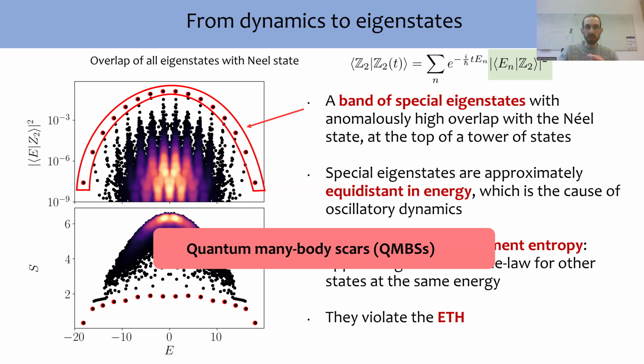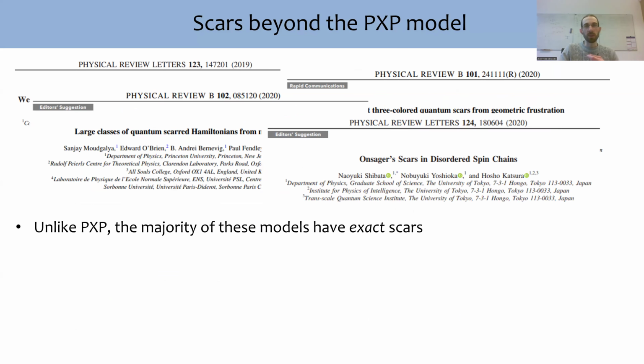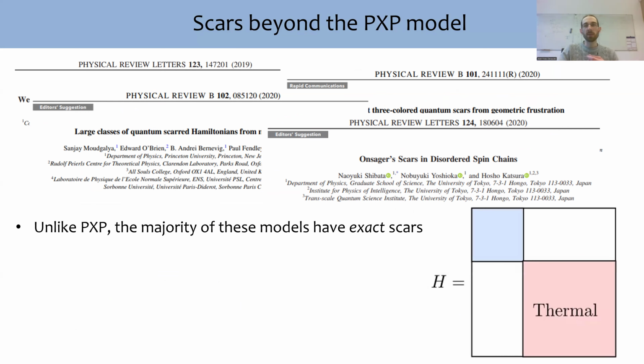So this was 2017, 2018. And since then, people have worked a lot on these scars. They have cooked up quite a lot of new models. And I don't have time to talk about them, but most of them differ from PXP in the sense that they have exact scars. And by that, I mean that there is some kind of transformation where I can separate the scar subspace from the rest of the thermal states using a simple transformation.